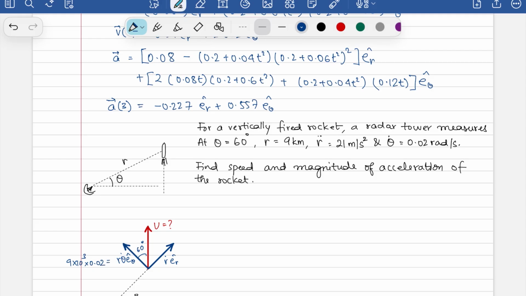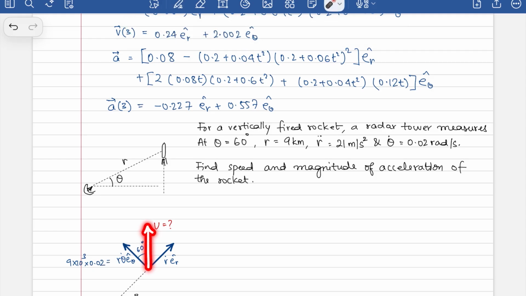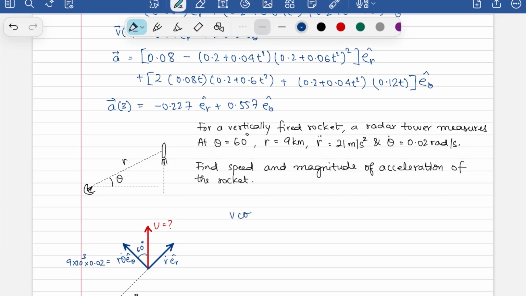Essentially, the component of V that is 60 degrees apart. So the component of V along the e theta hat direction is basically V cos 60, right? So V cos 60 is equal to this over here. That is 9 times 10 to the power 3 times 0.02.